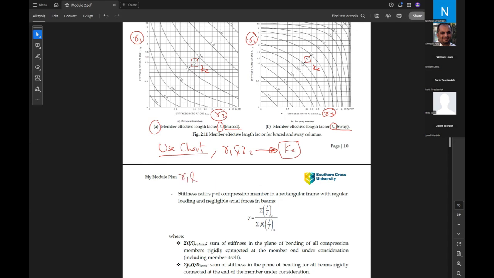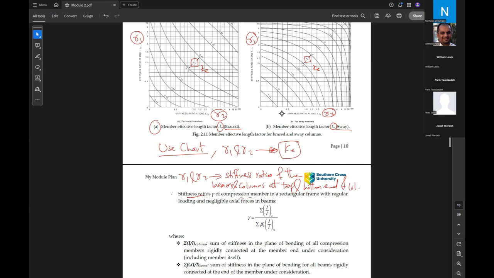Gamma 1 and gamma 2 are the stiffness ratio of the beams and columns at the top and bottom end of the column.